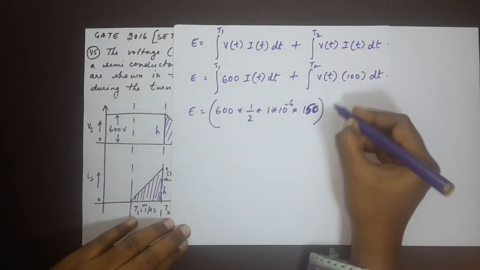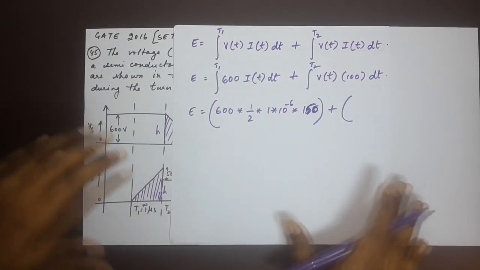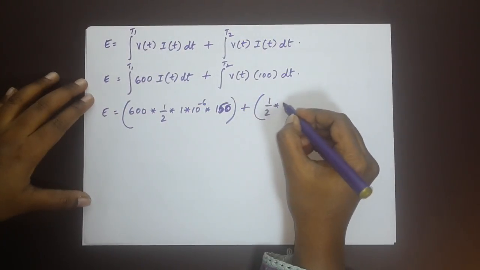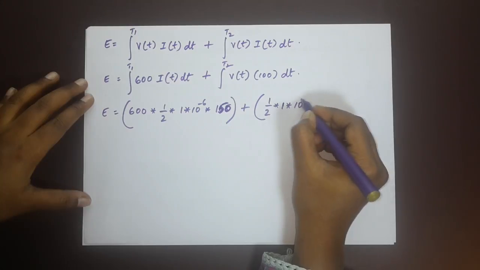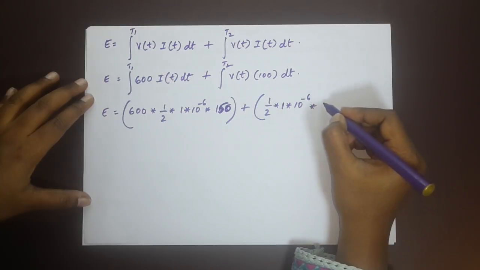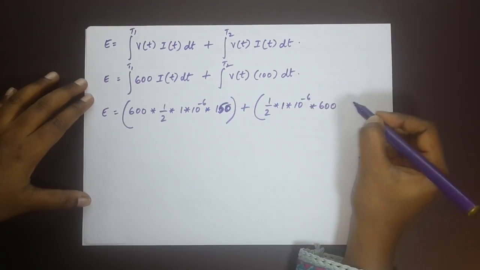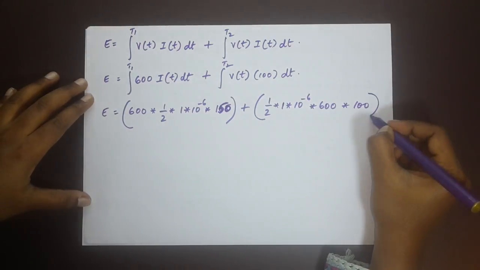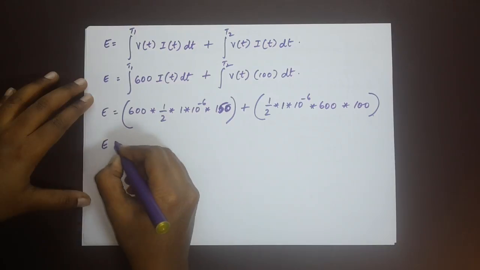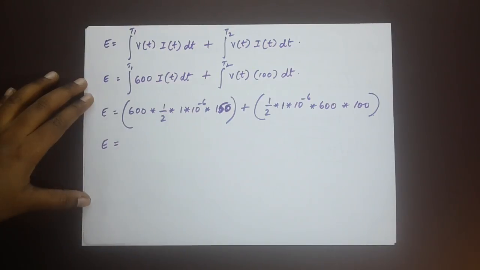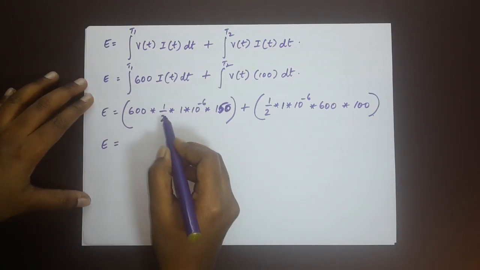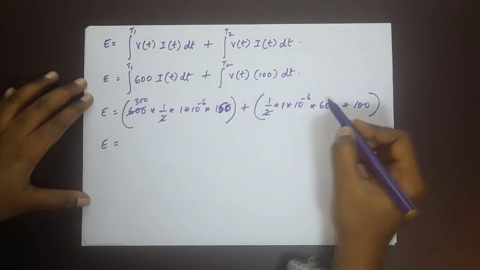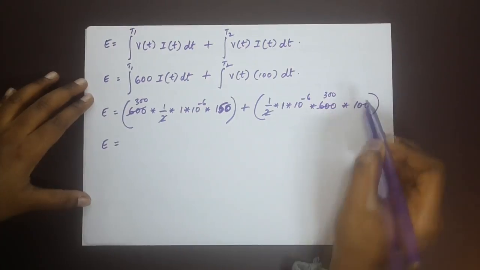So this is our first. The second part is half into 1 into 10 power minus 6 times the height, which is 600 for the voltage triangle, into we have 100 over here. Now if we solve this portion, that would be 300, here that's 300 as well.